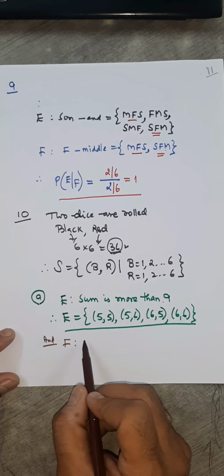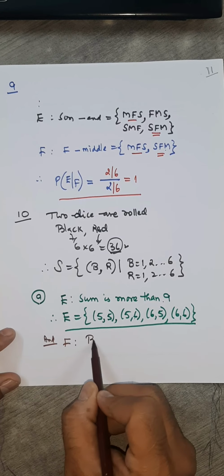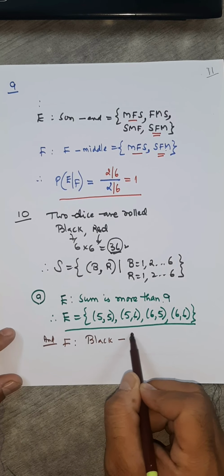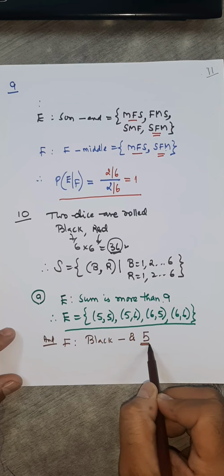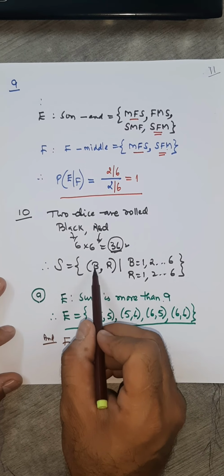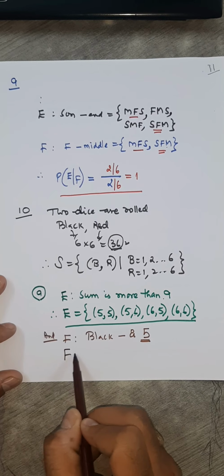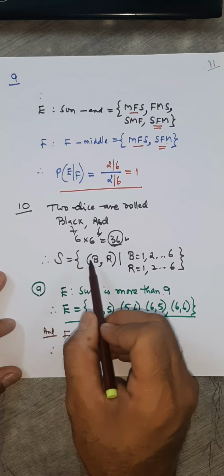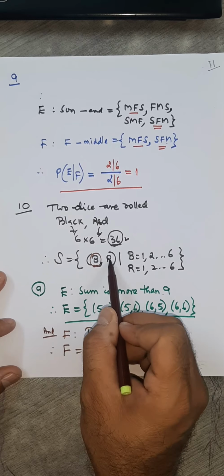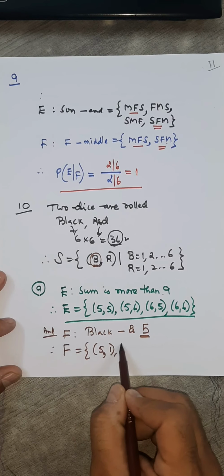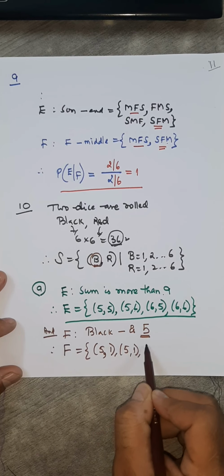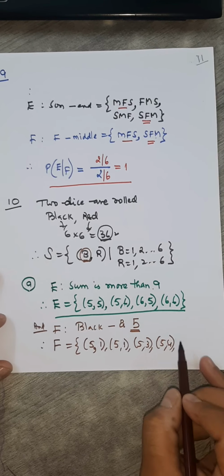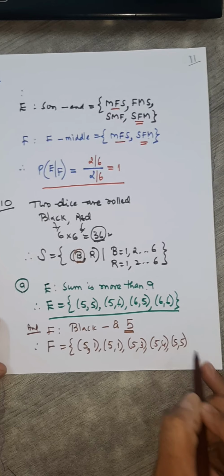So black one is a 5. This is fixed. So what are the outcomes of F? Black is fixed at 5. R can be any one of 1, 2 up to 6. So 5,1; 5,2; 5,3; 5,4; 5,5; and 5,6.